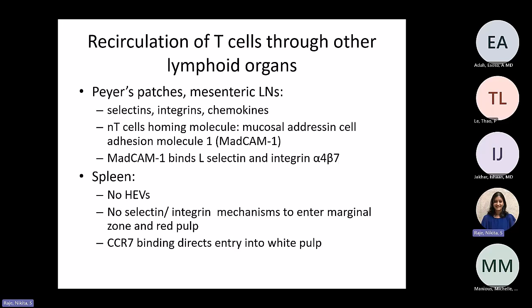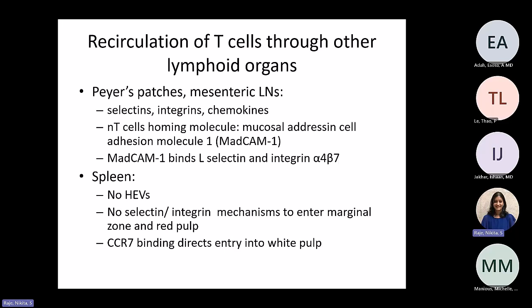When we talk about spleen, there are no HEVs. There is no selectin integrin mechanism, right? In some of these, particularly in spleen. But the CCR7 binding helps the cells to know where they are going. So if these are developing T cells that are going to the spleen, when they express CCR7, they know to go to the white pulp.